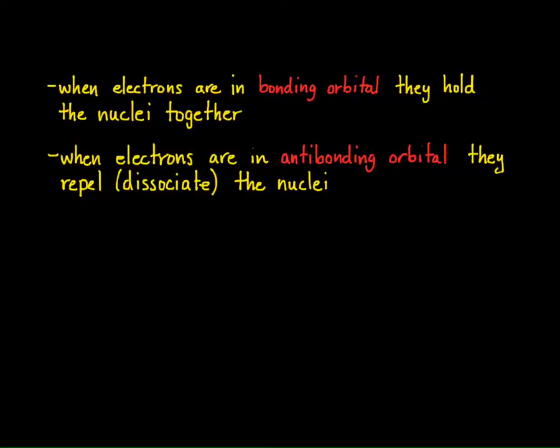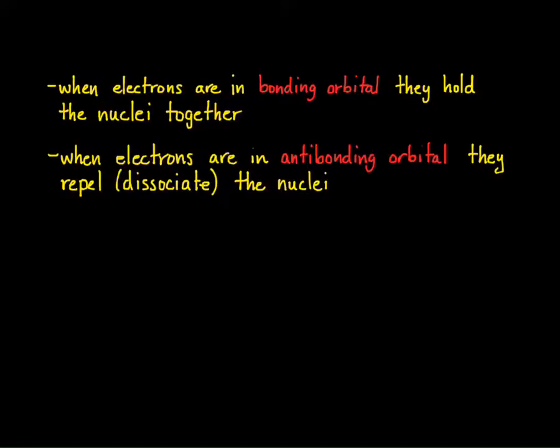Notice we haven't added electrons yet. So if electrons add to the bonding orbital, they're going to hold the nuclei together. If the electrons are added to the antibonding orbital, they're going to repel the nuclei. So the nuclei actually split apart, and you can't really form a molecule between those two atoms.